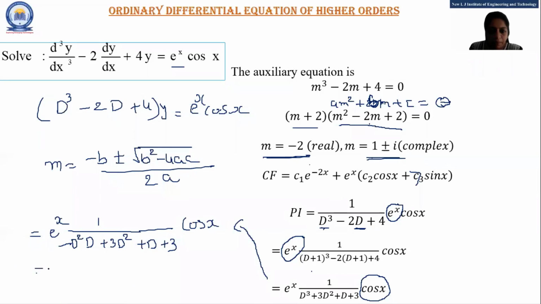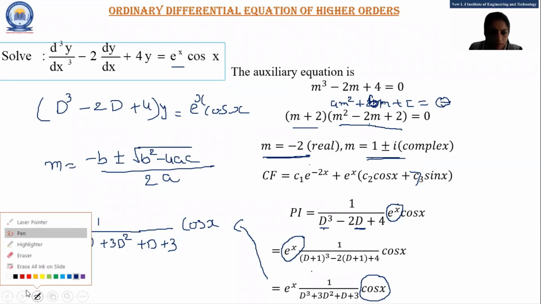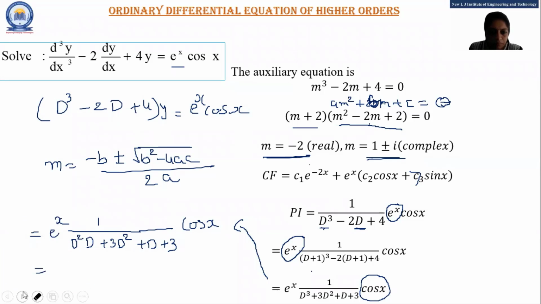So if I replace 1 in this D square of D with a minus sign before that, then what? Minus 1D. So just minus D. Here minus 3.